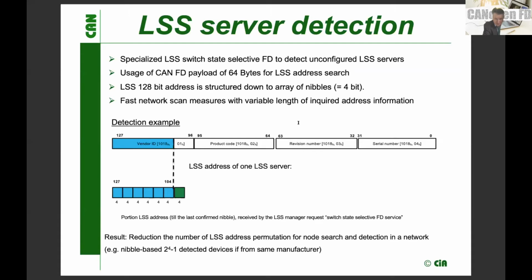For that reason, of course, this whole message was separated into an array of nibbles, so half of a byte. And so I can send a chunk of 4 bits to see how many devices confirm that they have this. I don't need to do a whole sweep using the whole LSS address to detect the devices.